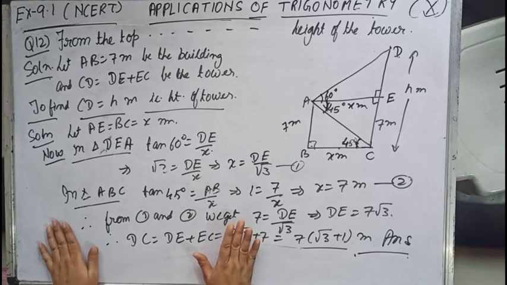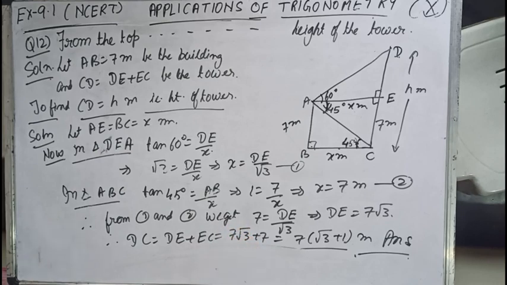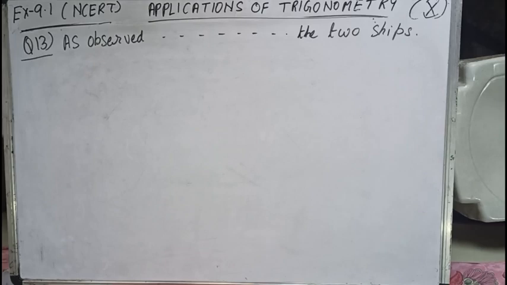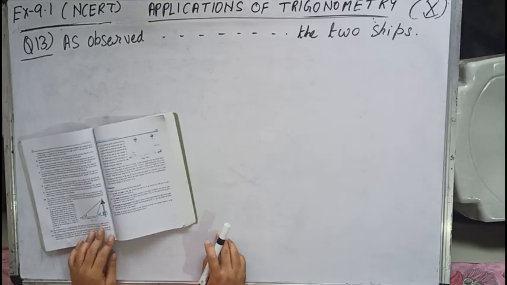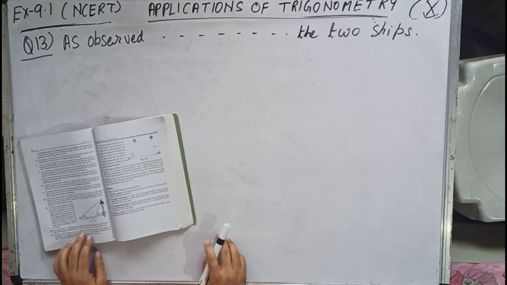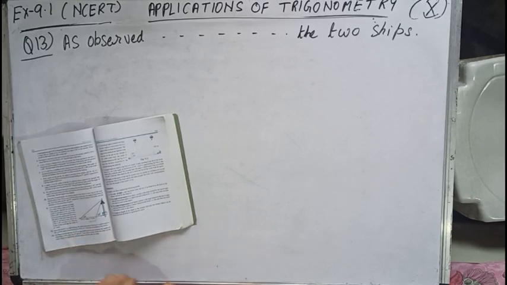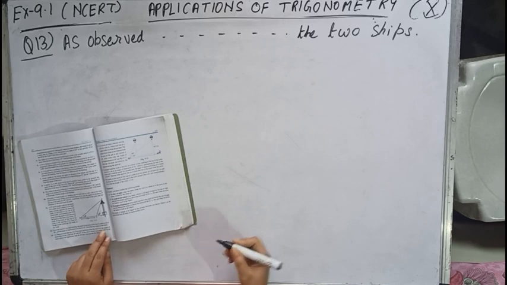So let us move to the next question, that is question number 13. Question number 13 says that as observed from the top of a 75 meter high lighthouse from the sea level.